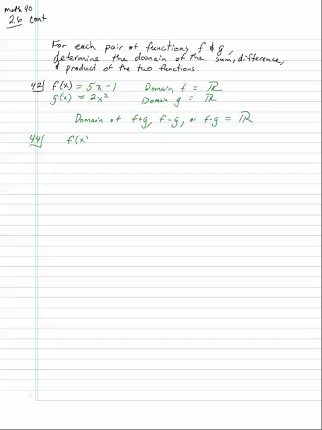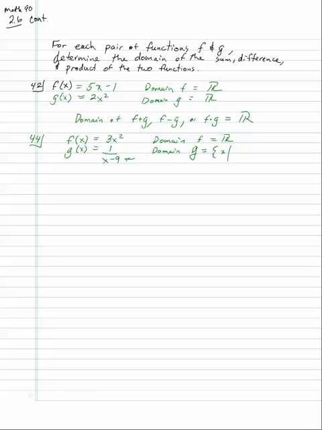Number 44. The domain of f would be, again, there's nothing to throw out. There's no denominator, so that's going to be all real numbers. For g, 1 over x minus 9, now this we want to throw out. What makes that equal to 0?